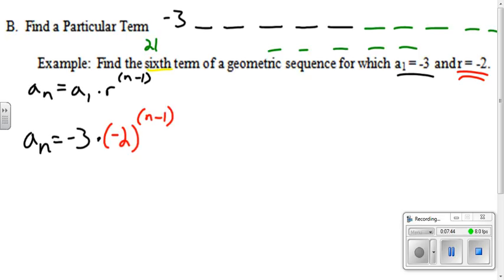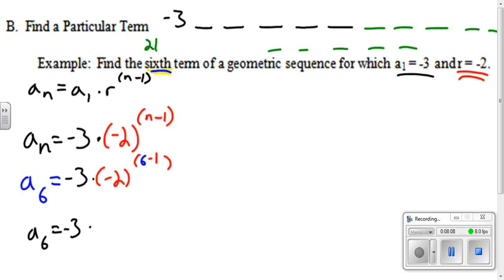And we know that we're looking for the sixth term, so we would say a sub 6, that's our sixth term, equals negative 3 times negative 2 to the power of 6 minus 1. From here, a sub 6 is negative 3 times negative 2 to the 6 minus 1, which is 5.